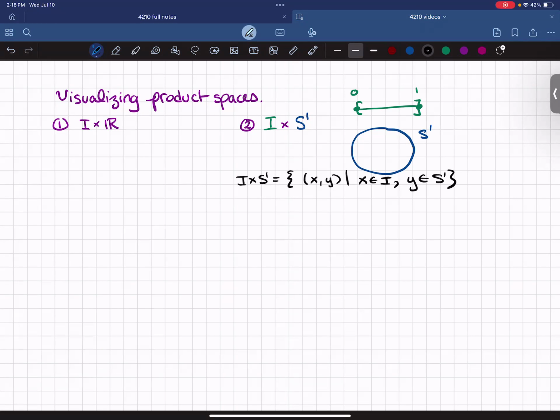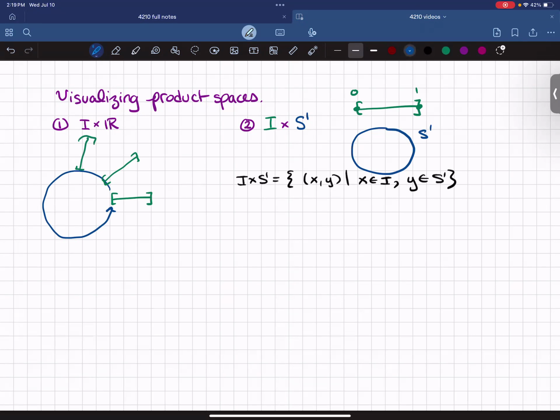So one way to do that is I could imagine taking my I, maybe like this, and then imagine taking this I and spinning it around the circle. So taking the I and putting a copy of it in all directions around my circle.